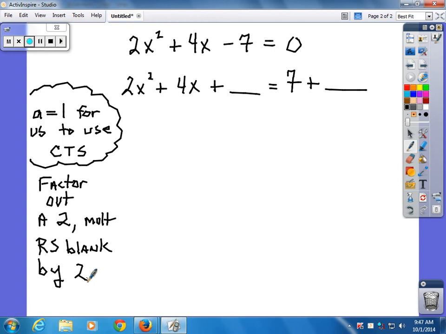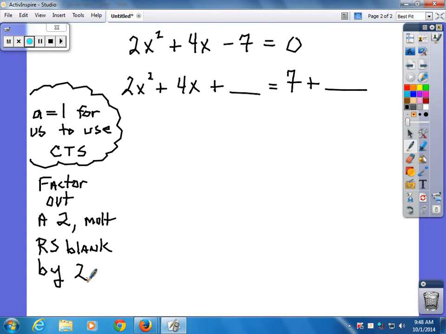Look at the first couple of pages of your book, and you'll see that they do complete the square completely on the left-hand side. I do not teach that because it's confusing to students. This is the less complicated way for students to learn completing the square.